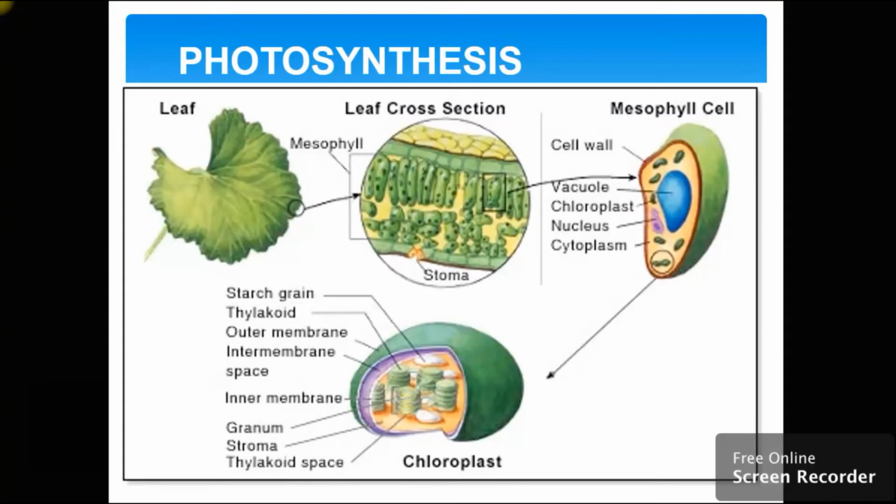Do you recognize this? There's a picture of the leaf. If you cut the leaf and you look at the thickness of the leaf, there's the next picture. And there's the hole for the air to come in and out. That's how they breathe. That's on the bottom of the leaf.